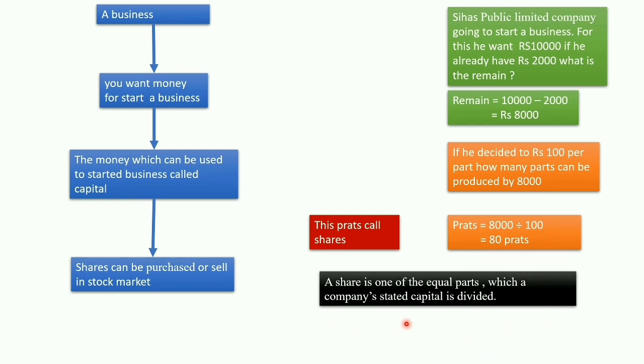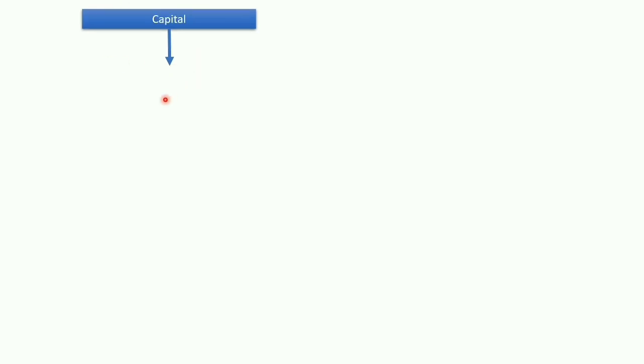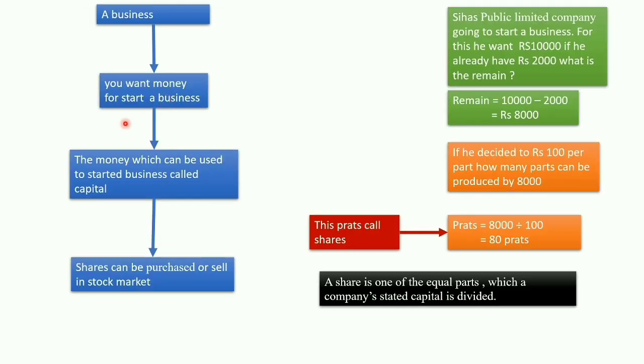In your textbook, they already give this definition for a share. Think about the capital. Here, you know what the capital is. Capital, we simply explain, is the money you want to start a business. Now, how are we going to raise the capital?